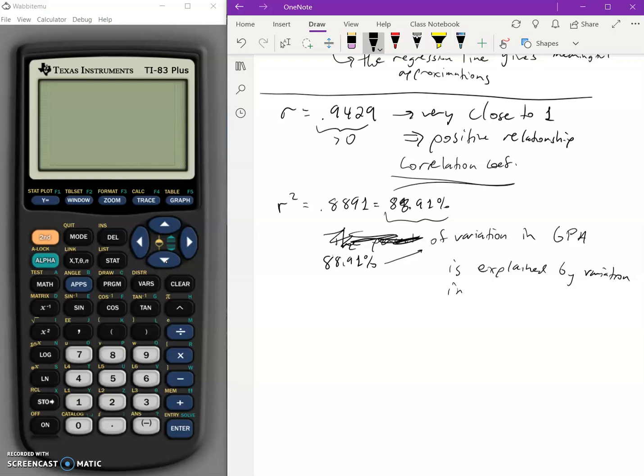The Y value we set up here was GPA, and our X value was the hours spent doing homework. It's explained by variation in the number of hours spent doing homework.